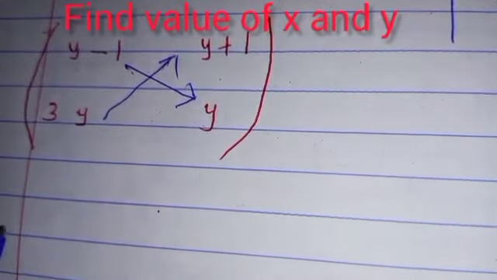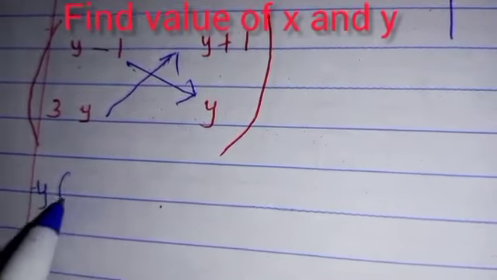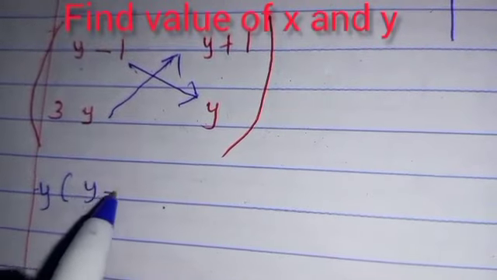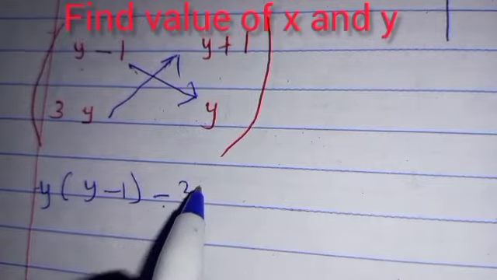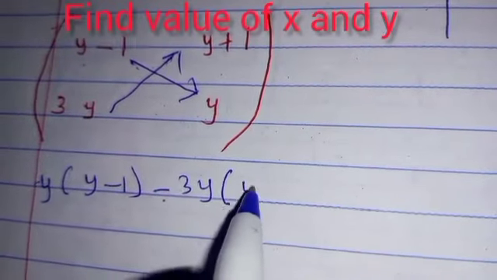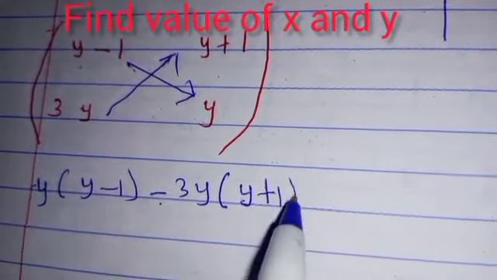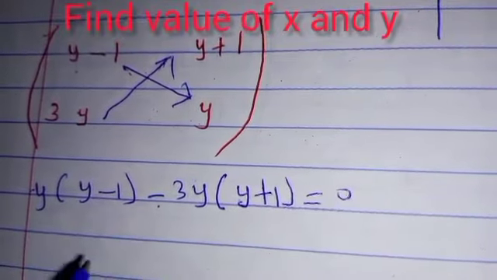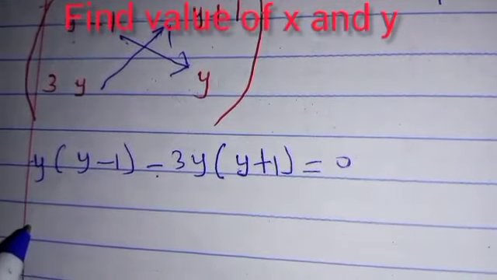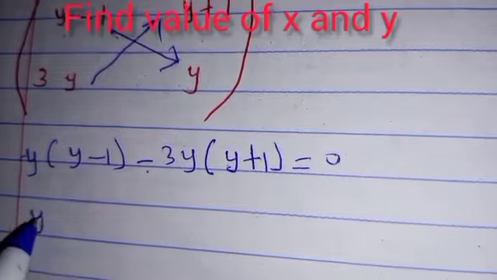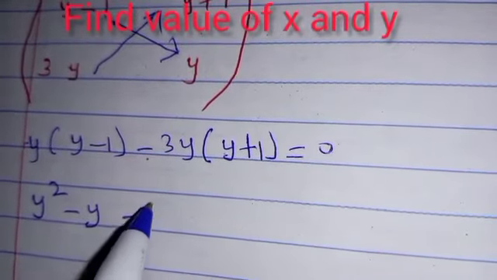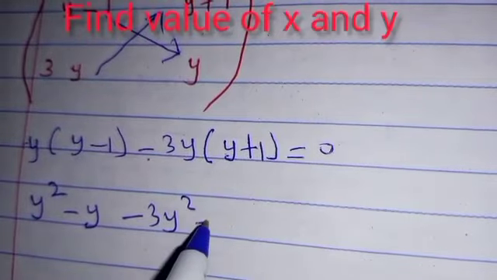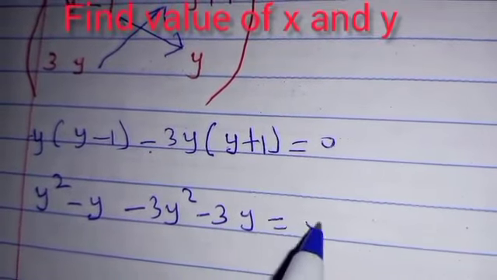So here we are going to have y into bracket y minus 1, then minus 3y into bracket y plus 1. This will give you 0 because the matrix is singular. So you have y squared, removing the bracket, minus y, minus 3y squared, minus 3y is equal to 0.